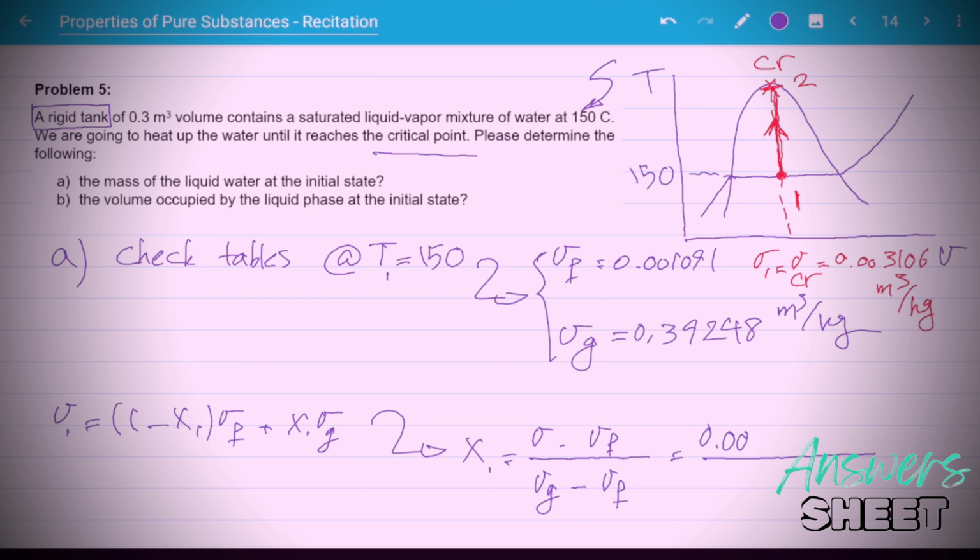We get 0.003106 minus 0.001091, over 0.39248 minus 0.001091, and do the calculation. We get the quality is 0.005, or in other words, it is 0.5%.